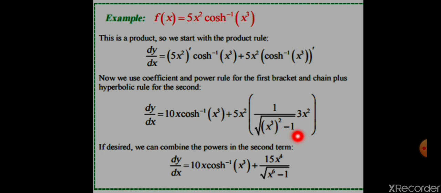Use the rule, this is the derivative of inverse cosine, and you have to remember the chain rule, as the derivative of inverse cosine of x to the power 3 equals 1 over root of x to the power 3 all squared minus 1, times the derivative of what is inside, which is 3x squared.